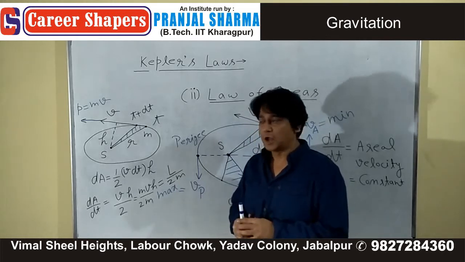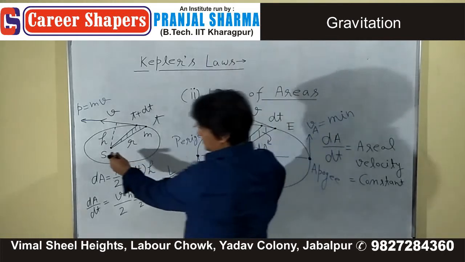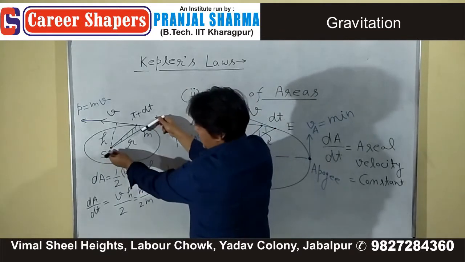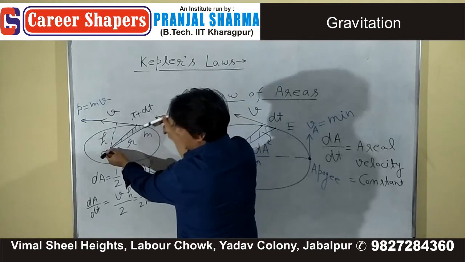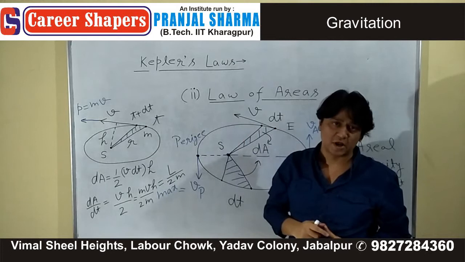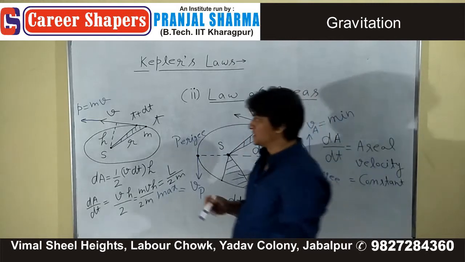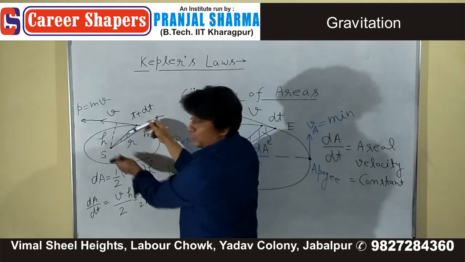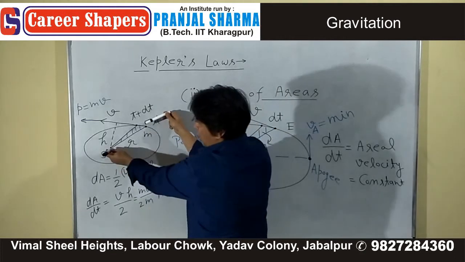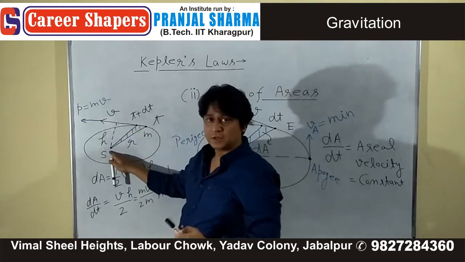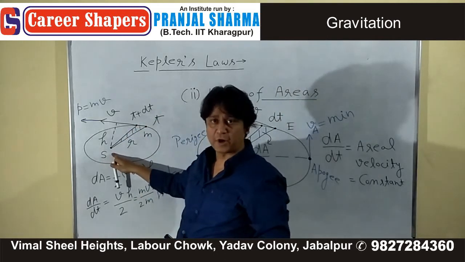Torque. Now, this is the Sun, this is the planet. The Sun is pulling on this planet towards itself with the gravitational force of G m1 m2 upon r square. The important point is that this gravitational force acting on the planet always passes through the Sun. Now, the Sun is also the axis of rotation.